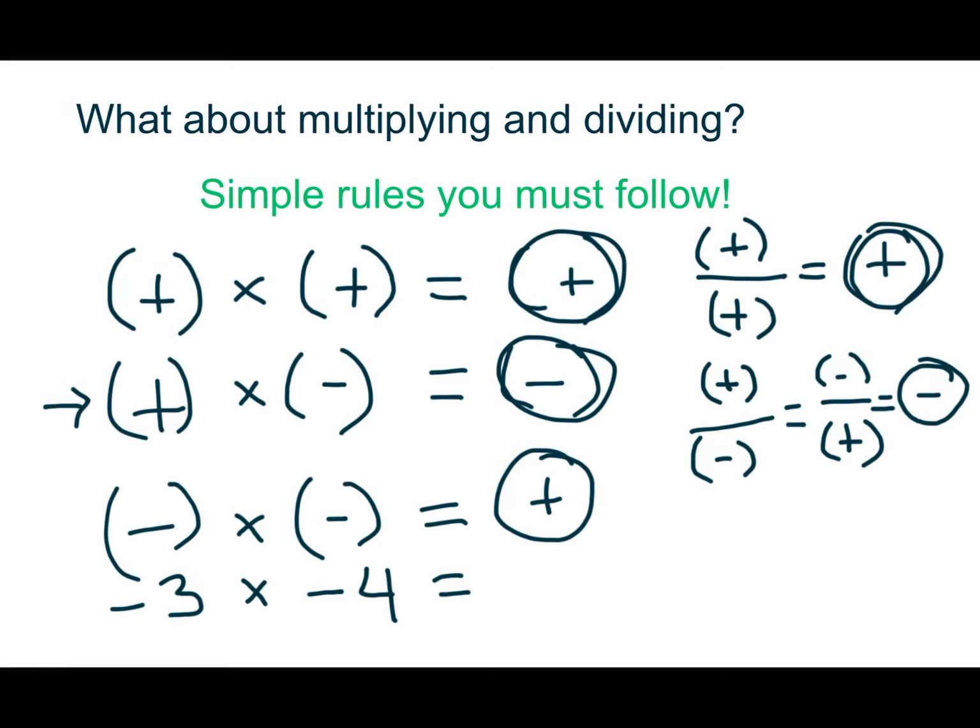You're going to get the opposite of the opposite. So you're going to get positive 12. Okay, just trust me on this one. This makes sense when we're talking about algebra. So when you get into pre-algebra, you need to understand that a negative multiplied by a negative equals a positive. And a negative divided by a negative also equals a positive.